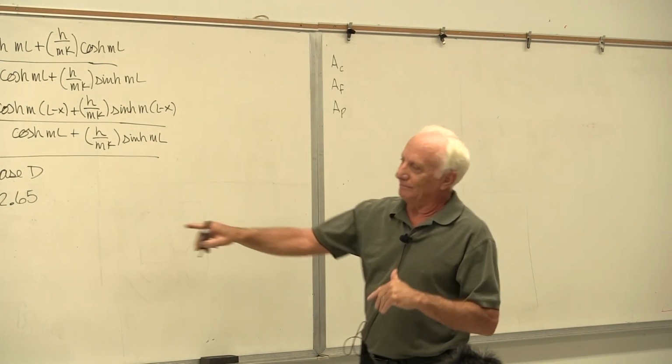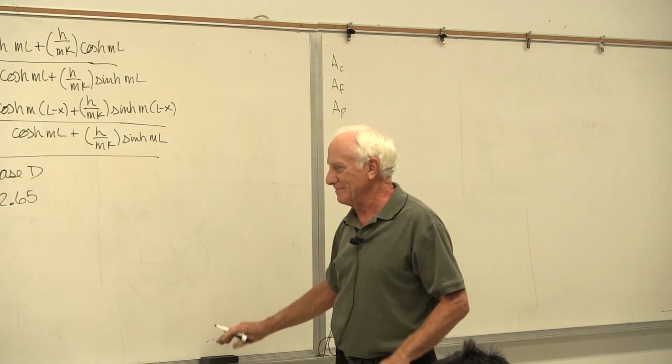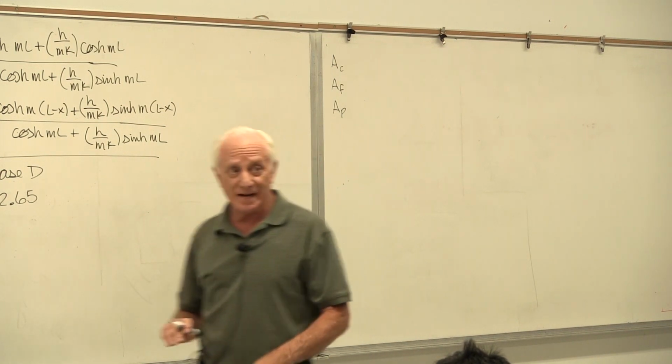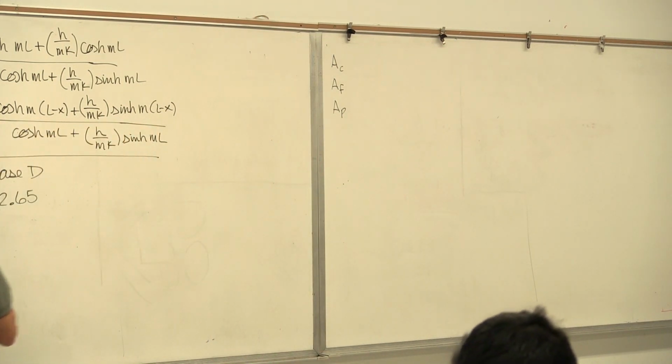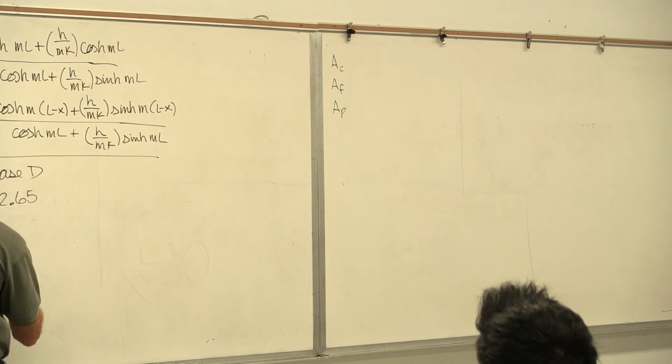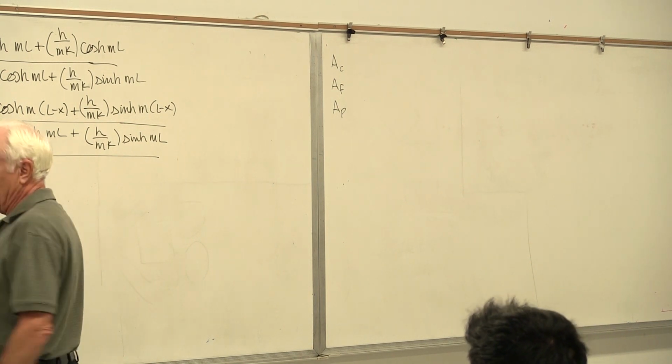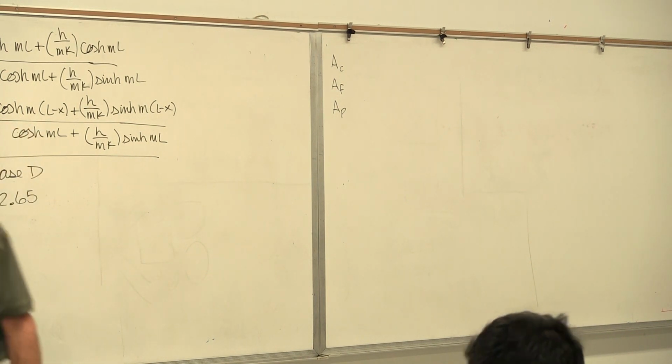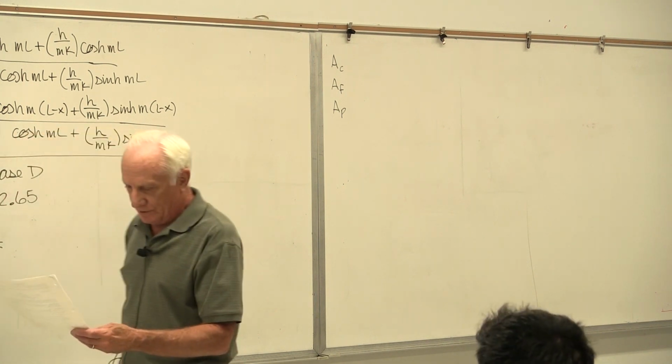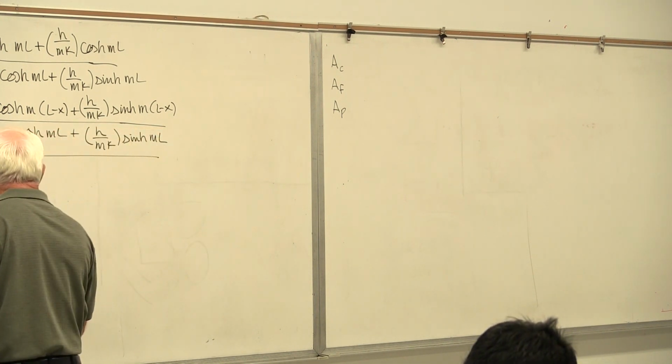Anyway, A sub C, the cross-sectional area, is pi d squared divided by 4. P, the perimeter, is pi d. Put the numbers in there. Where's H? I got H from chapter 7. It's right there, 221. Putting it in, little m is 33.1.